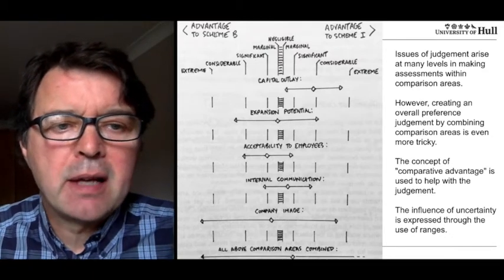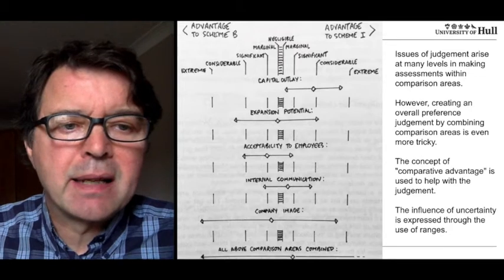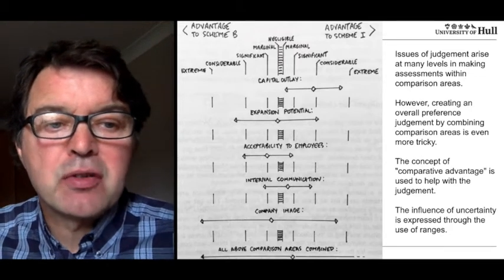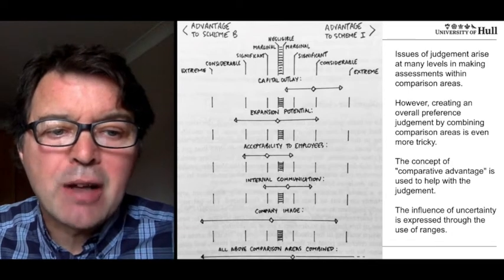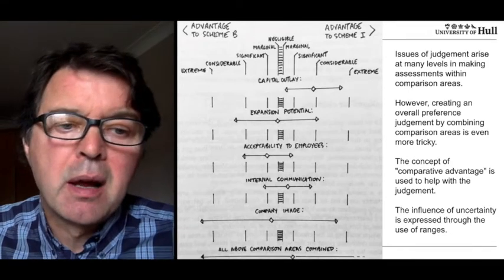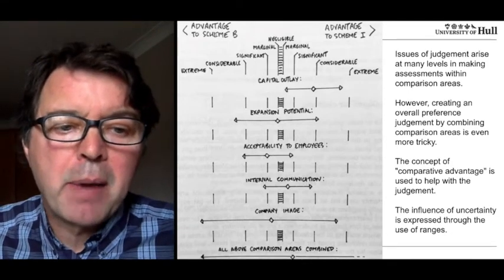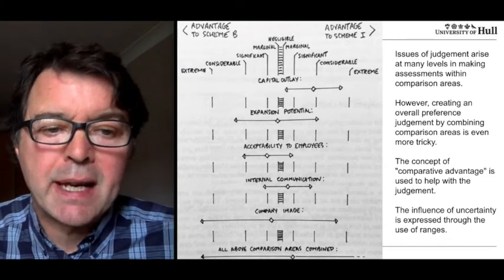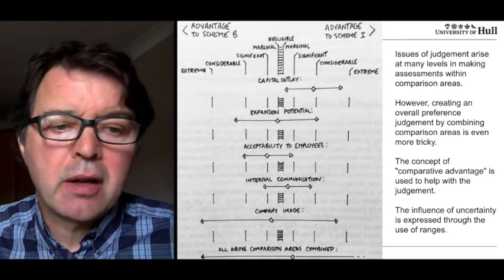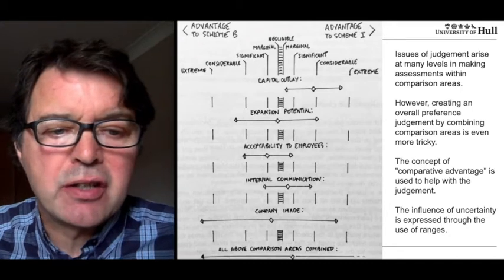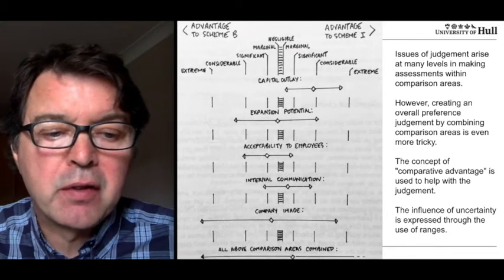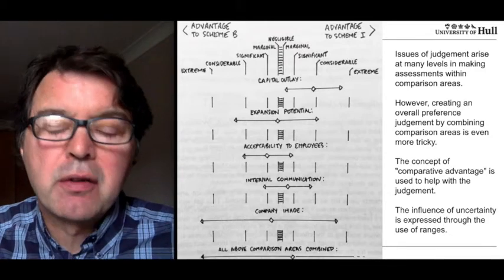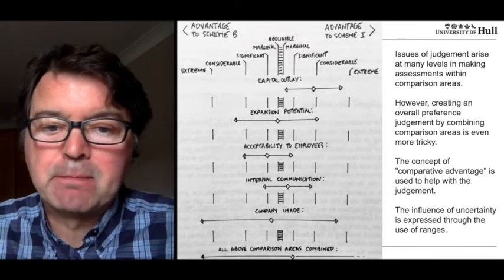Issues of judgment arise at many levels in making assessments within comparison areas. However, creating an overall preference judgment by combining comparison areas is even more tricky. So the concept of comparative advantage is used to help with this judgment, and the influence of uncertainty is expressed through the use of ranges here.